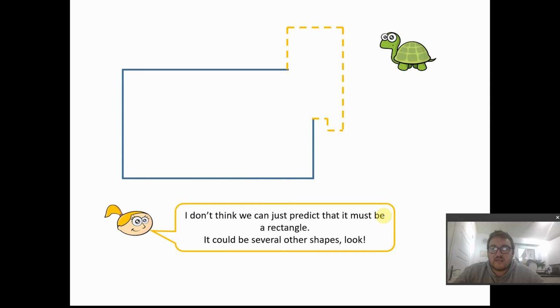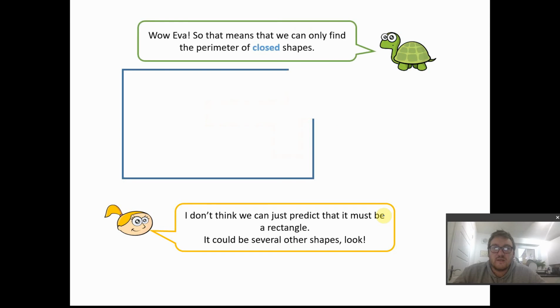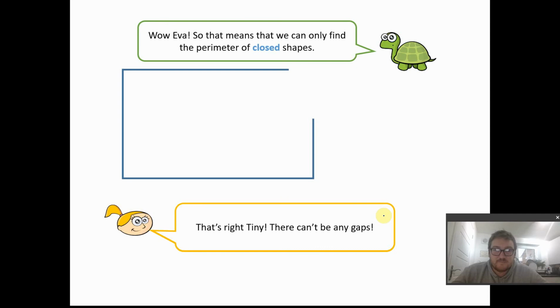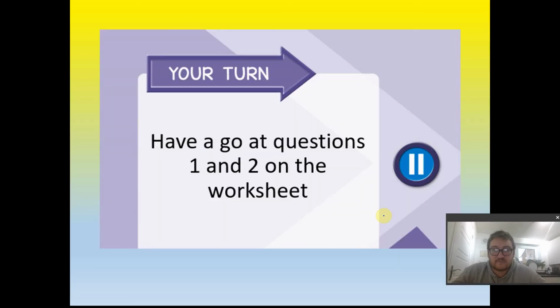So it could be one of these rectilinear shapes. So, wow, Eva. So that means that we can only find the perimeter of closed shapes, Tiny Tim has said. I would agree, Tim, there can't be any gaps, so bear that in mind.